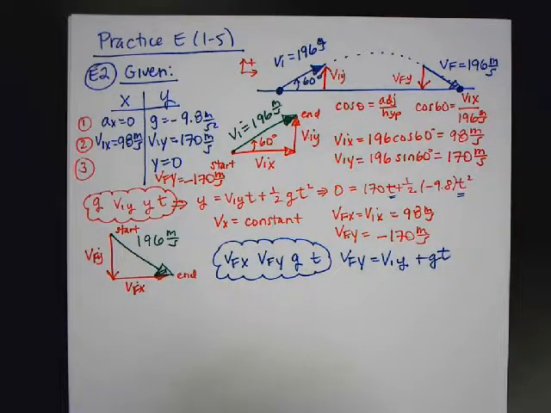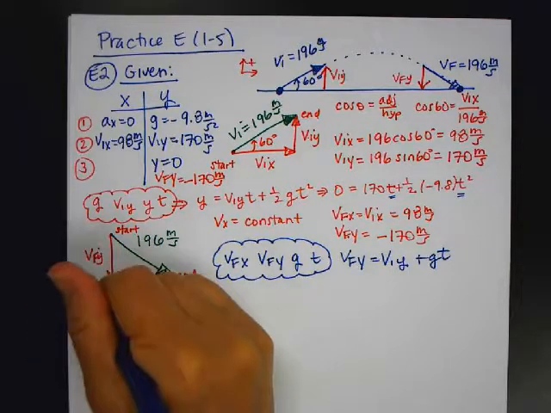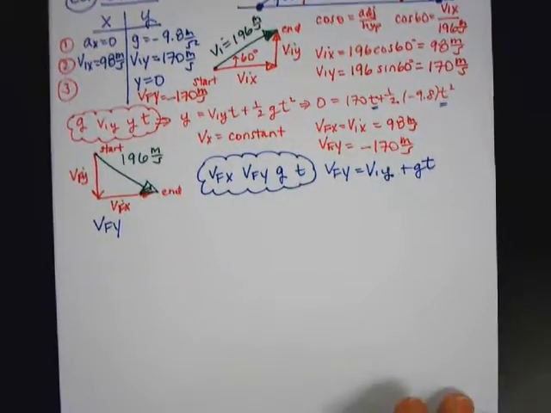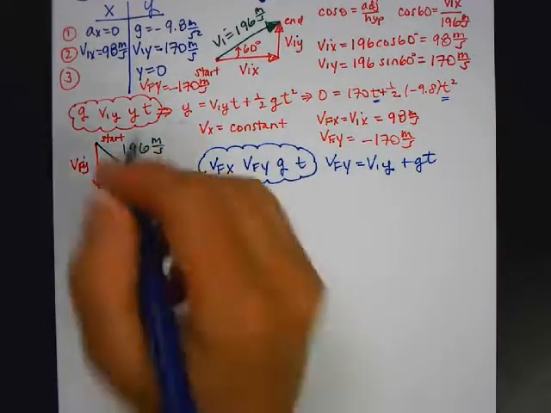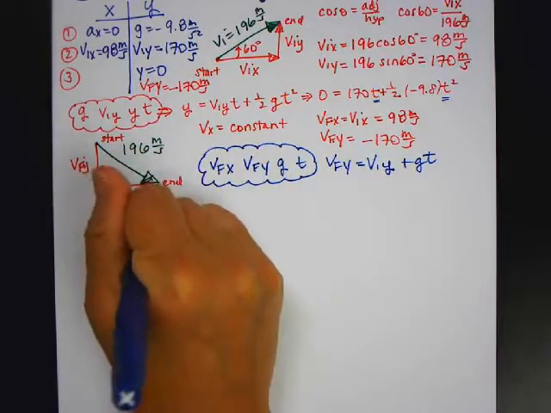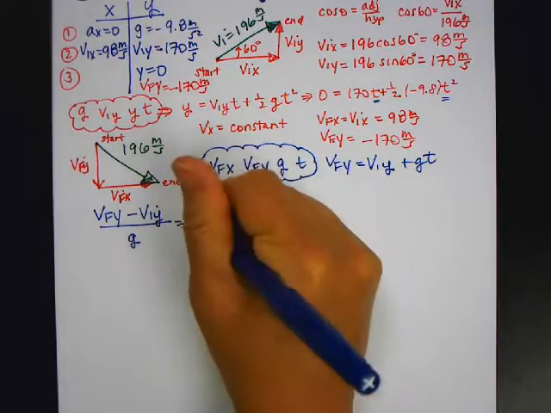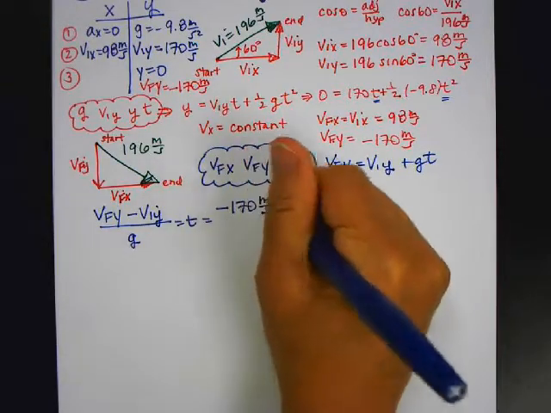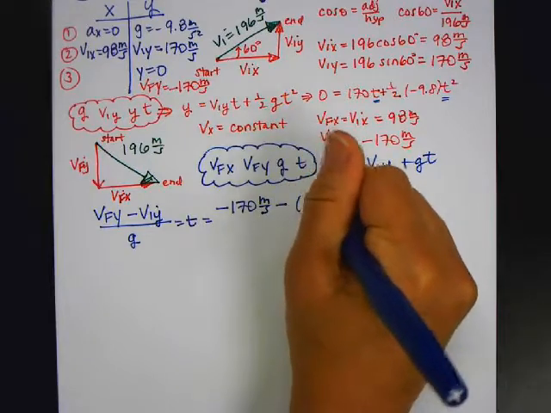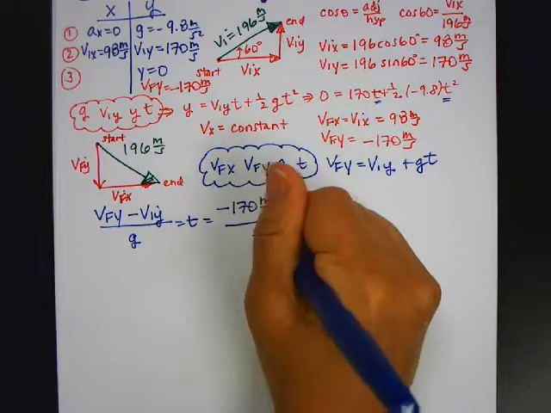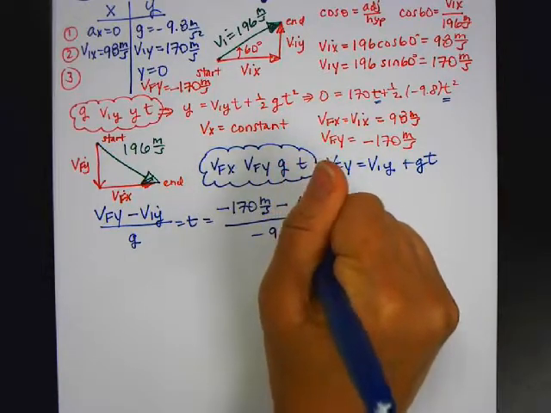I'm going to rearrange the equation to solve for the unknown in terms of the known. So VFY minus VIY over G is equal to T. So negative 170 meters per second minus positive 170 over negative 9.8 meters per second squared.